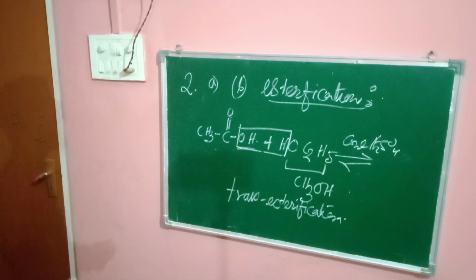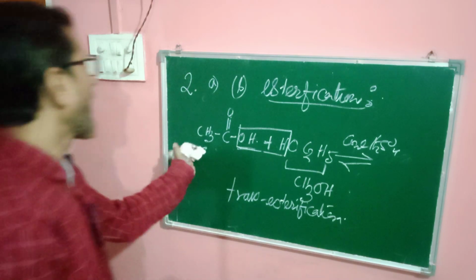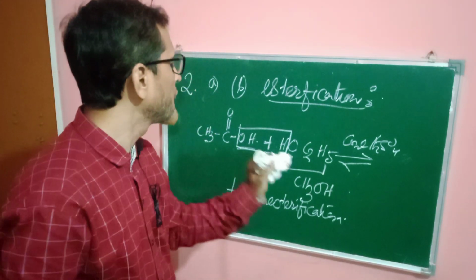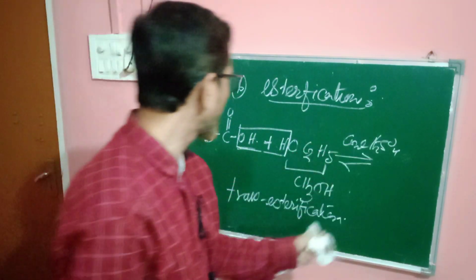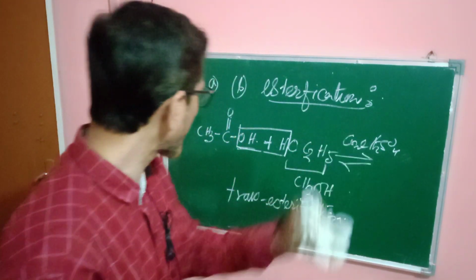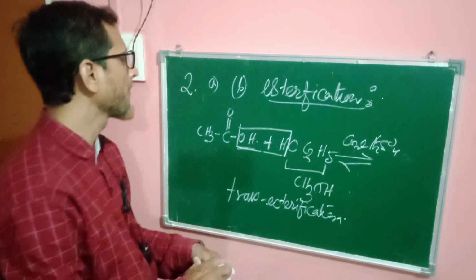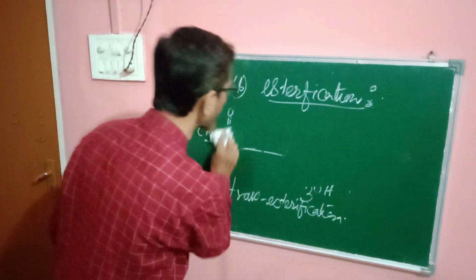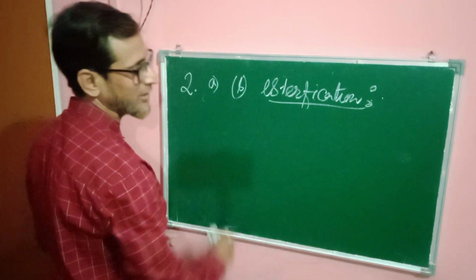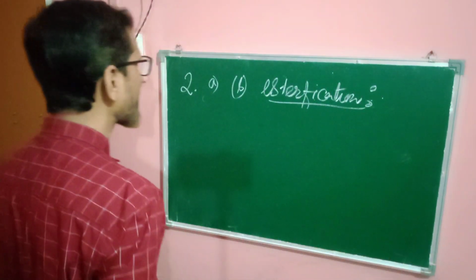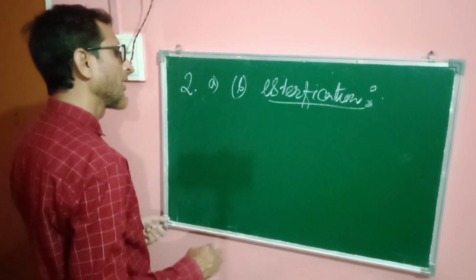Mind that, what is transesterification? In the case of acetic acid, if you use methanol in place of ethanol in the presence of concentrated sulfuric acid, the process to get the ester is called transesterification.